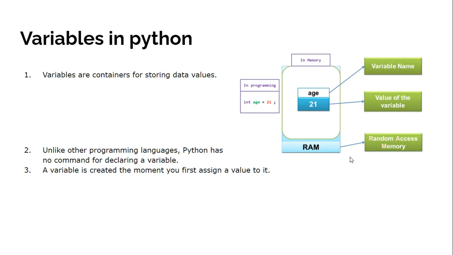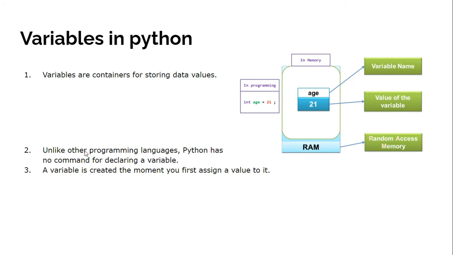When we have some value to store, we assign that value to a variable, and that variable is stored inside RAM. If your RAM size is big, then you can store more variables at any time. Let's not go into depth on RAM, we are just explaining variables.